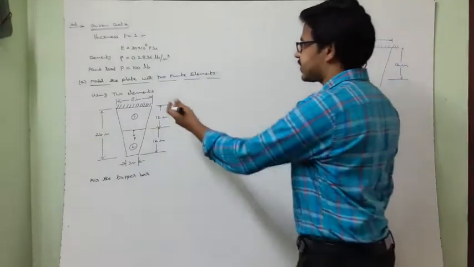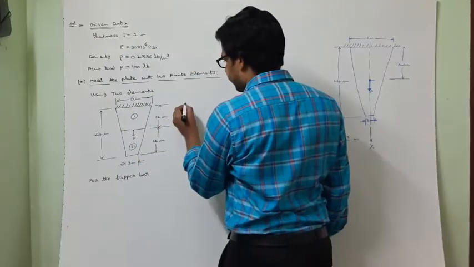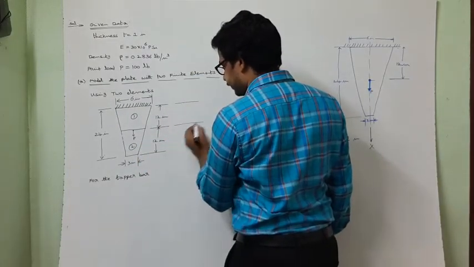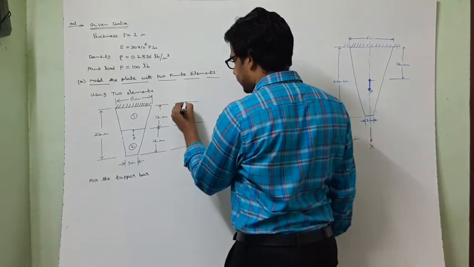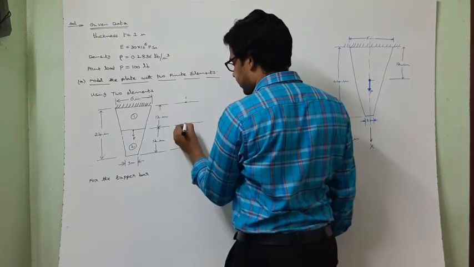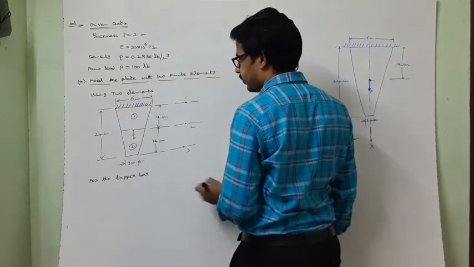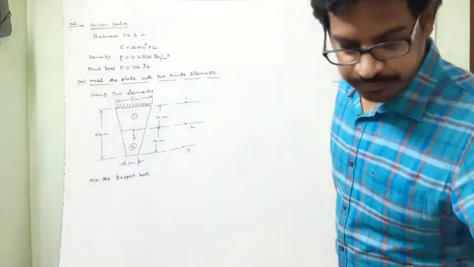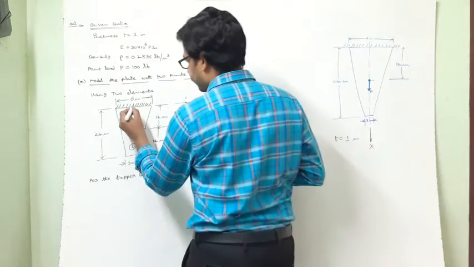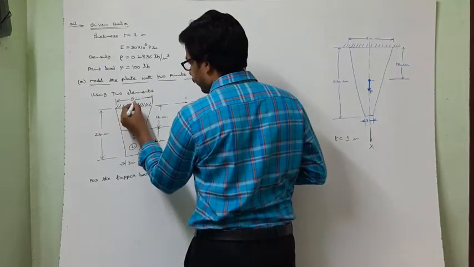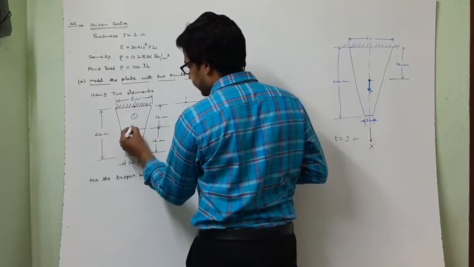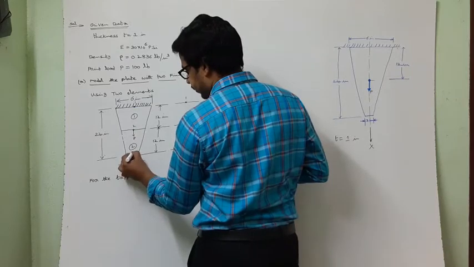So here in these two finite elements from the linear diagrams, this is the first node, the second node and the third node.